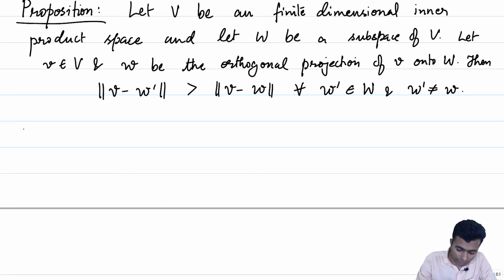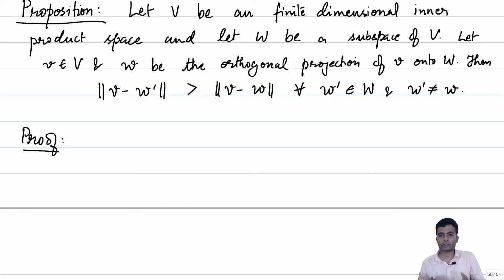So, let us give a proof of this. So, this is the closest approximation in that subspace that we have of this particular vector v. Okay, so what do we know about the vector v?